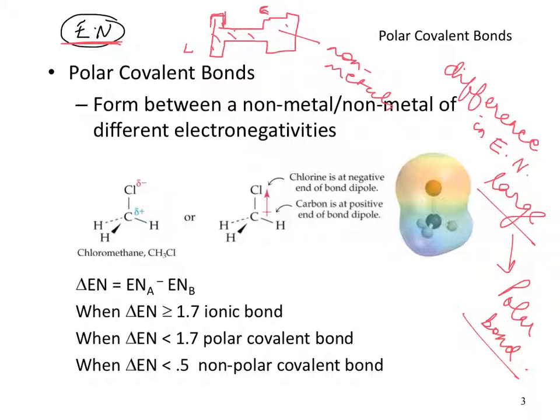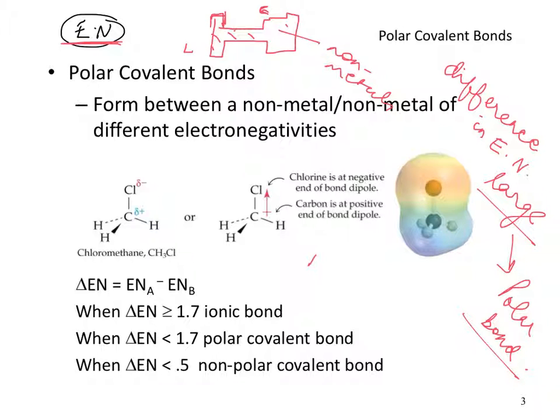So that would be considered a polar bond. Now, one might consider, what would happen if you have a metal combined with a non-metal? Because metals are supposed to be electropositive. Their electronegativity is really, really low. And if you compare that to a non-metal, what kind of polarity would that be? Absolutely, that would be a very highly polar bond.